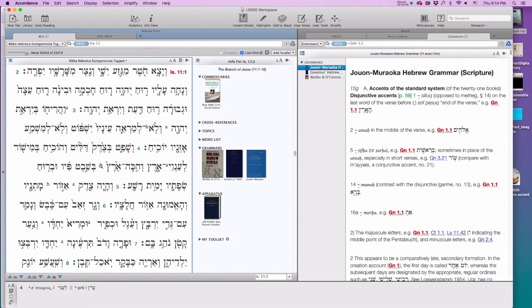Here A, B, B, A. And you'll notice down at the bottom in the instant details at the bottom of the screen, that very cryptic little notes show up. This is the apparatus. This is information that gives variant readings, notes on the text, etc.